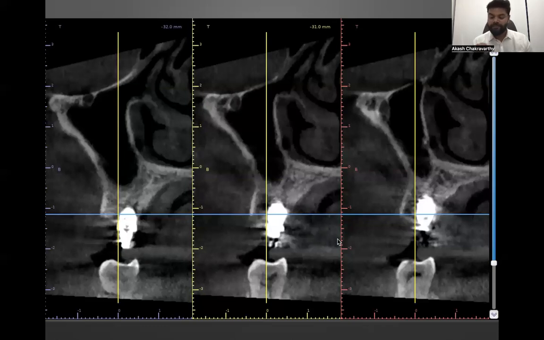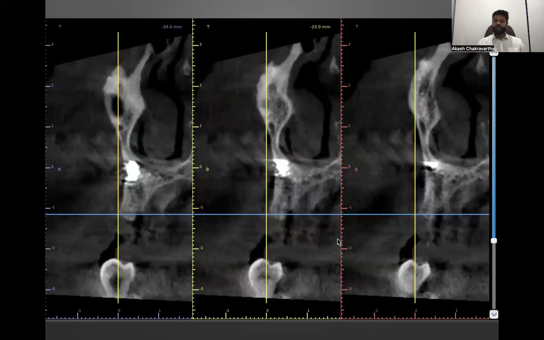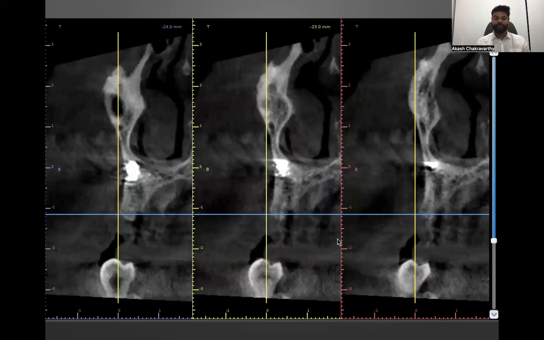So just observe this video carefully. This is when I say the tilt of an implant is not just mesiodistal, it is a three-dimensional tilt. There is a buccolingual component, a palato-buccal component to the tilt as well. If you see, the implant is starting palatally, but then it is ending up buccally.